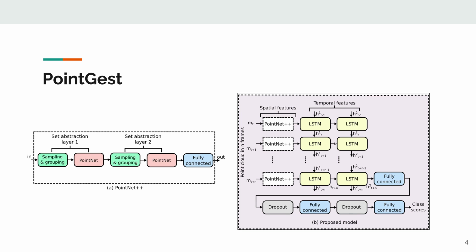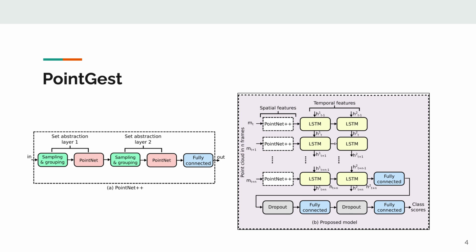After applying two set abstraction layers, a fully connected layer is applied to calculate the final spatial representation of the input frame. In the following part of the model, we have a couple of long short-term memory or LSTM layers to extract the point cloud's temporal features by processing the latent feature vector of each frame containing its spatial characteristics.